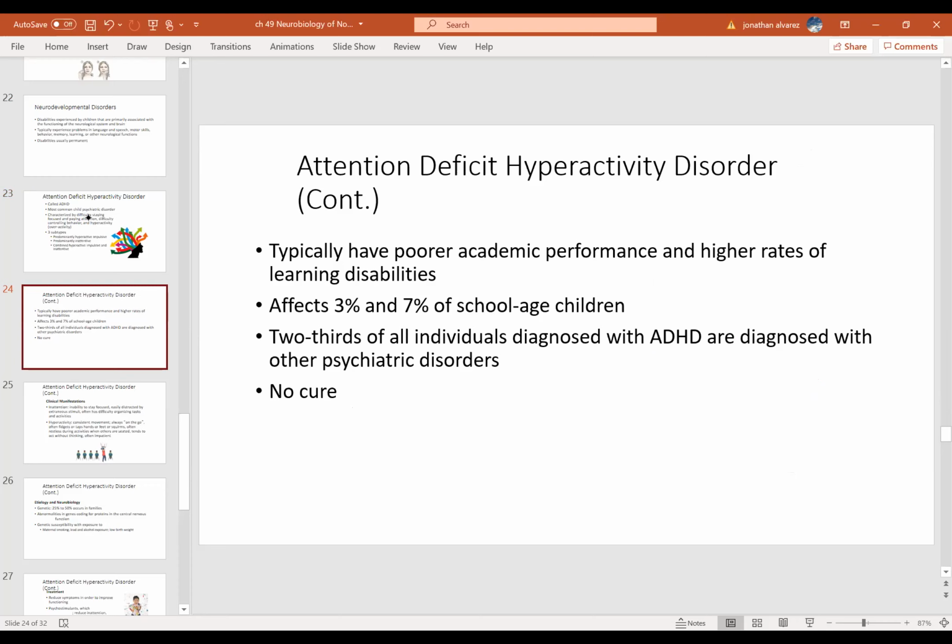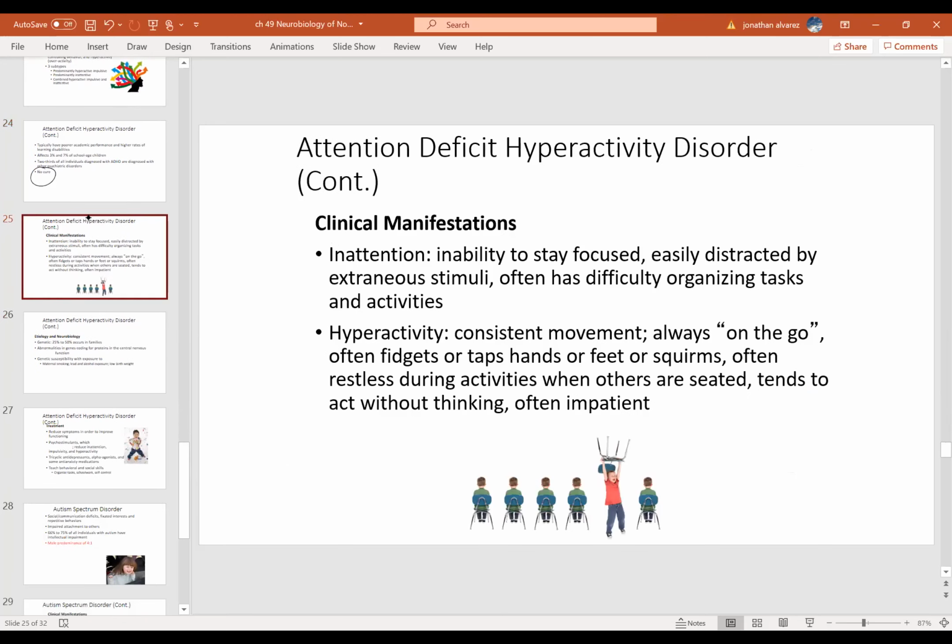So this statement here, there's no cure. So that wasn't the claim that we cured the ADHD, but what we did is we were able to take it from a 10 out of 10 and knock it down to like a 1, 2, or 3 out of 10. And everybody was happy with a 1, 2, or 3 out of 10. Okay, so the inability to focus, easily distracted, with the hyperactivity.